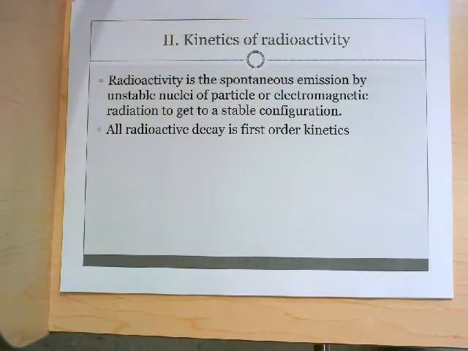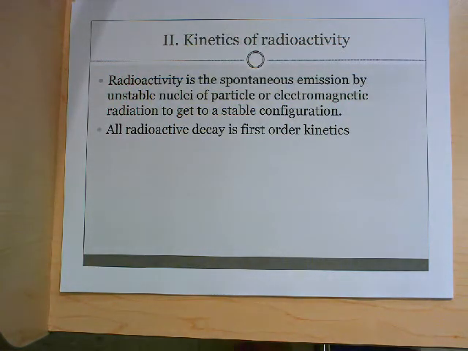Alright, radioactivity is, in general, the spontaneous emission by unstable nuclei of either a particle or radiation to get to a stable configuration. All of this decay is first order kinetics.